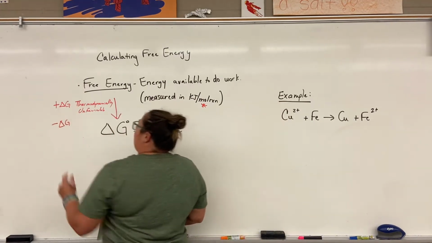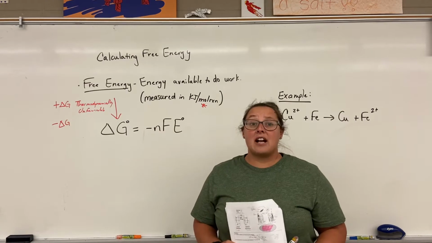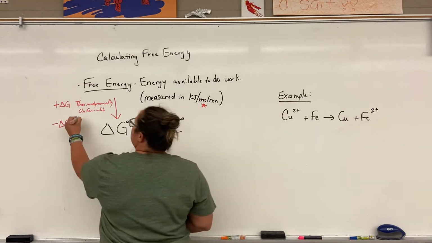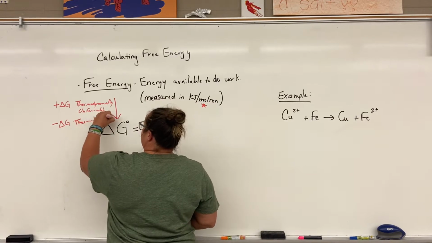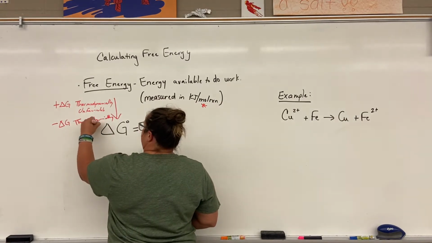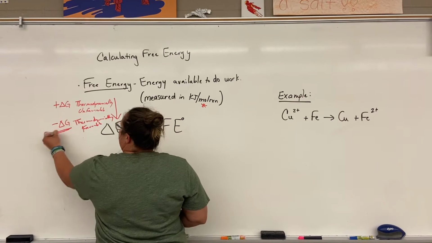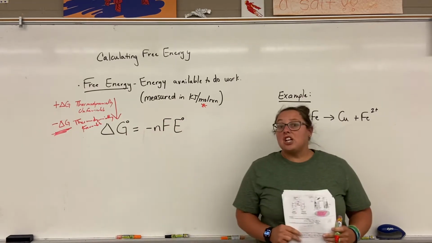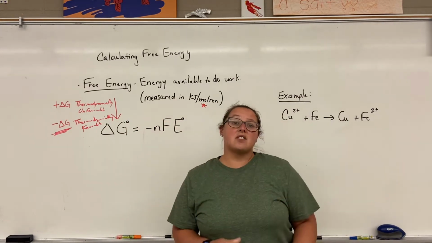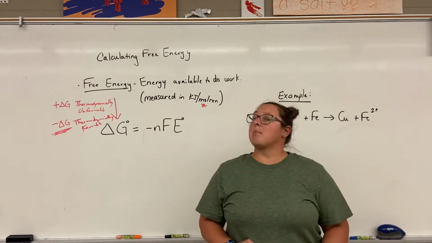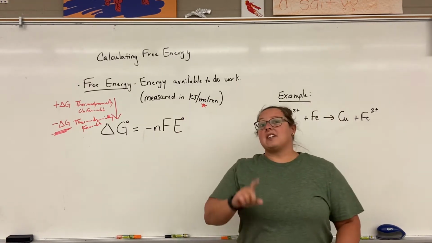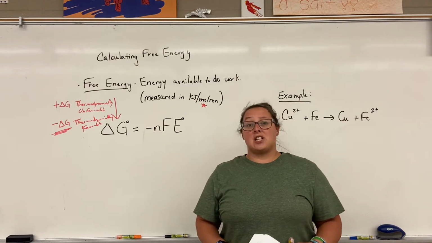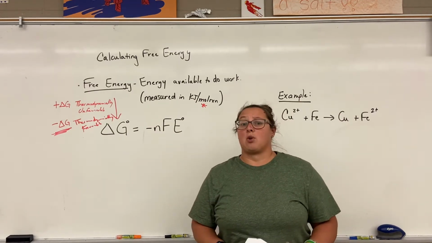Galvanic cells, however, are thermodynamically favorable. And thermodynamically favorable reactions get a negative delta G quantity. So there's lots of questions that are super easy to get points on. They might say, calculate the delta G and determine if the reaction is thermodynamically favorable or not.